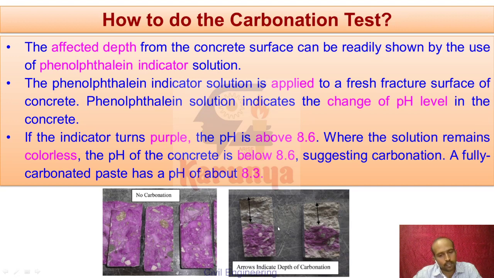If the indicator turns purple, the pH value is above 8.6. Where the solution remains colorless, the pH value of concrete is below 8.6, suggesting carbonation. A fully carbonated paste has a pH value of about 8.3.